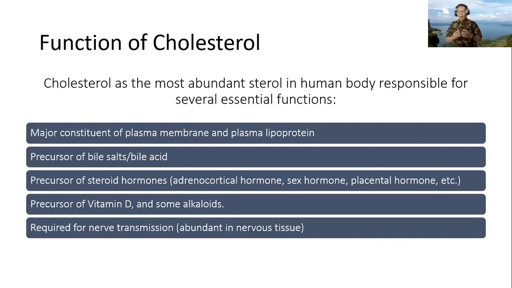Cholesterol is a precursor of bile salt or bile acid. Cholesterol is also a precursor of steroid hormones, adrenocortical hormones, sex hormones, placental hormones, and so on. Cholesterol is also a precursor of vitamin D and some alkaloids. And cholesterol is required for nerve transmission and is abundant in nerve tissue.